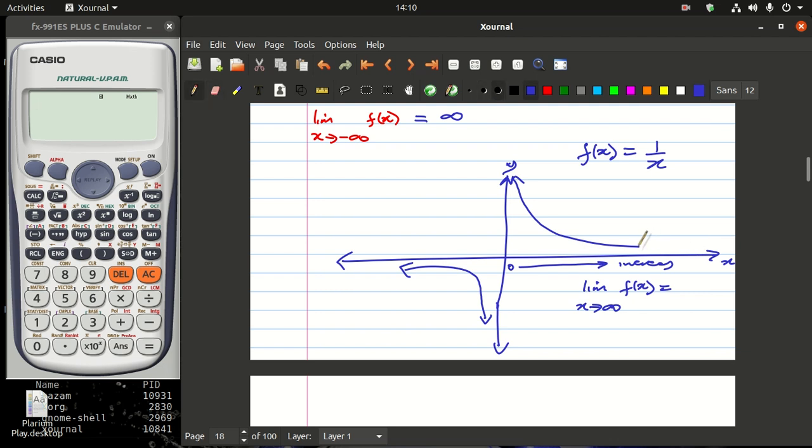If I were to continue this, it is going to get closer and closer as we keep going this way. So the value that we keep approaching here, we're not going to touch it, but if we keep increasing x enough, this function is going to get closer and closer to y equals 0, or touch the x-axis. So this one is getting closer and closer to 0.